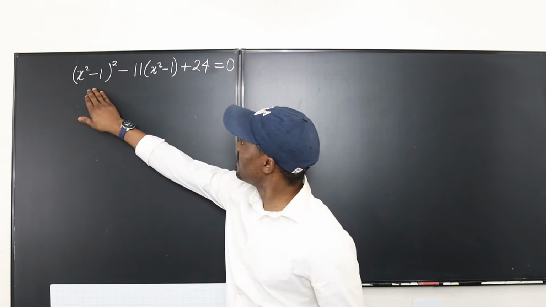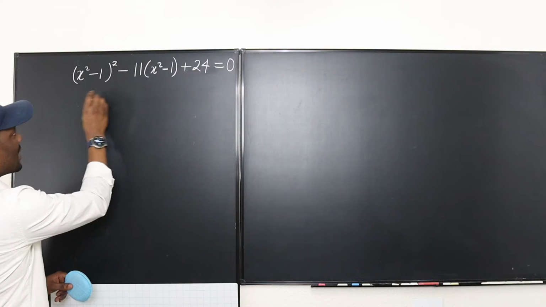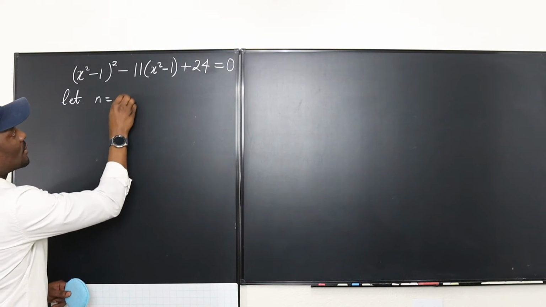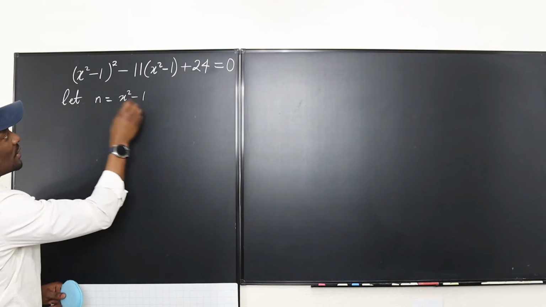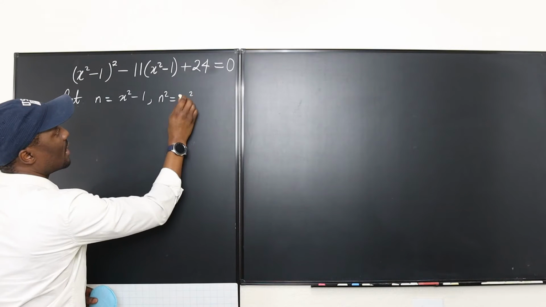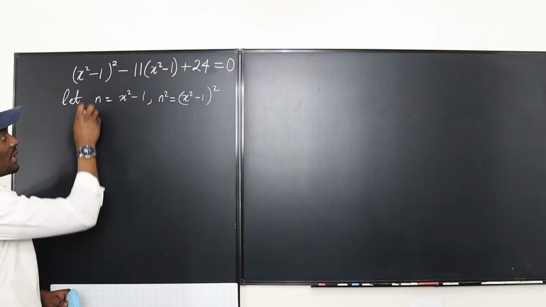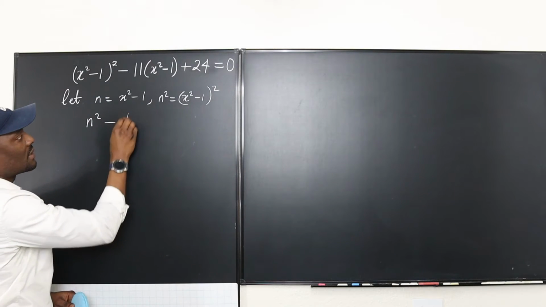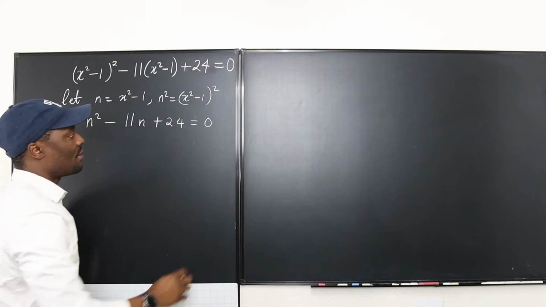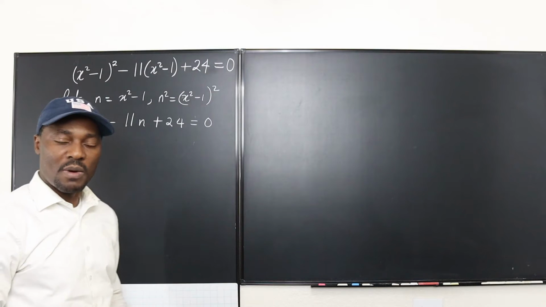So this is the square of this, so we can do our substitution and say let n be equal to x squared minus 1, which means that n squared will be x squared minus 1 squared. So this n squared will replace this, and we have n squared minus 11n plus 24 is equal to 0.